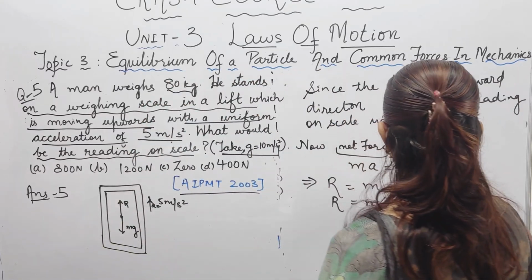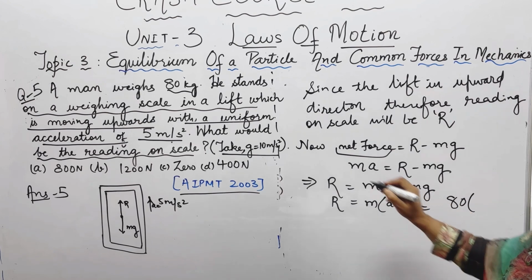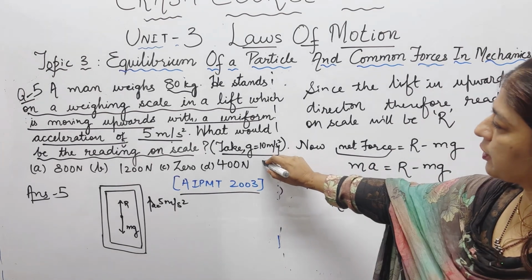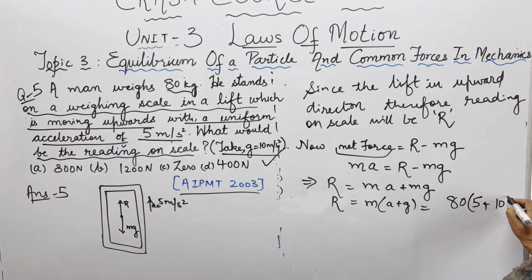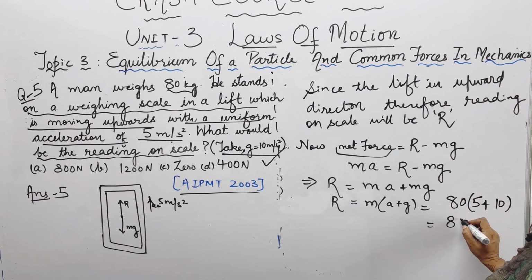Now the mass is 80, acceleration is given 5, and acceleration due to gravity is to be taken 10 meter per second square. So the value is 80 into 15.